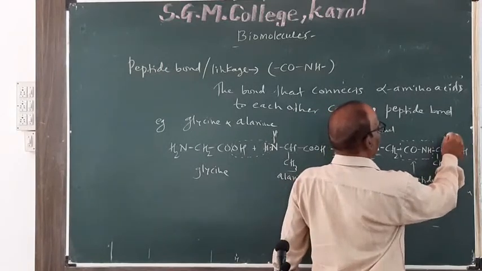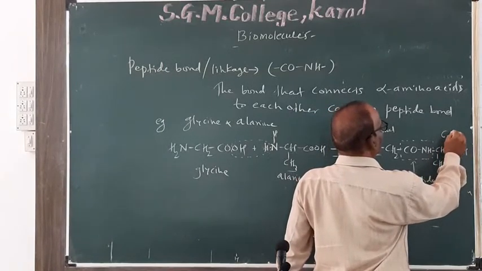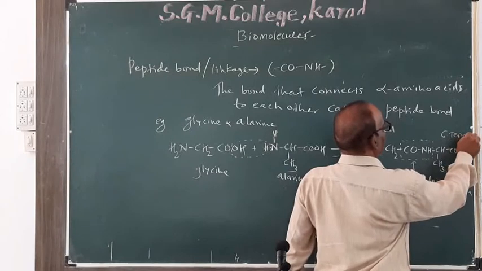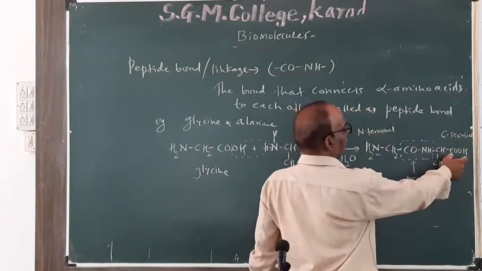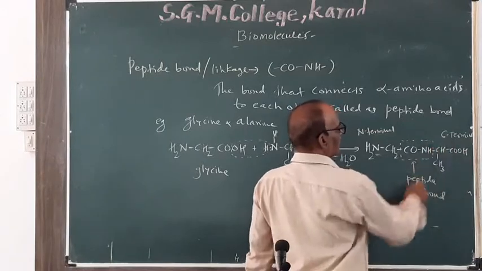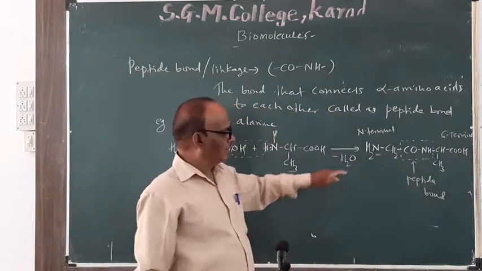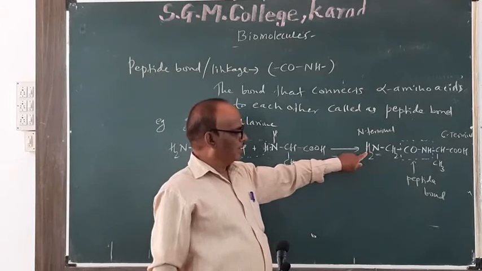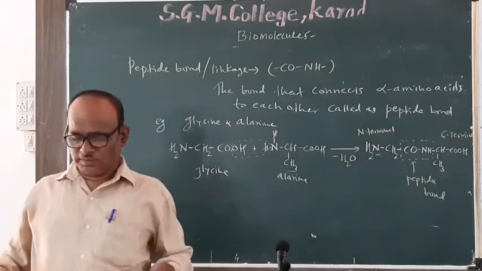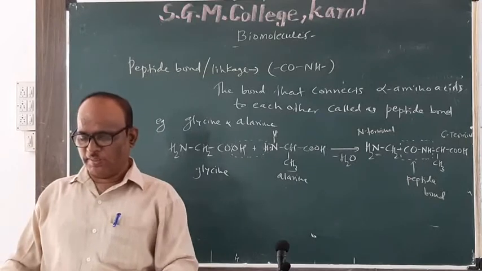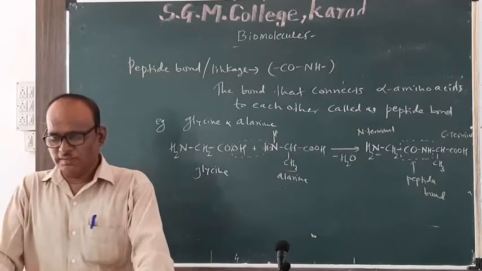So here carbon is present, so this is called the C terminal. C means carbon. So the carbon or COOH group is present at this end, so this end is called the C terminal. The NH2 group is present at this end, therefore it is called the N terminal. So this is about the formation of the peptide bond or peptide linkage.